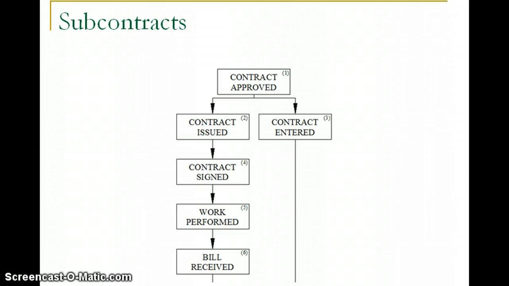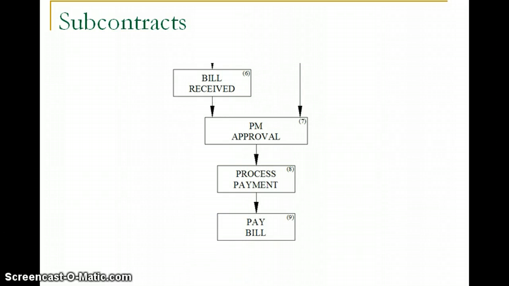In order for the contract to be effective, it will have to be signed by both contractor and subcontractor so that the work can proceed, and as the work progresses, there will be bills generated, typically on a monthly basis. Every bill needs the approval of the project manager before the payment is processed by the accounting department or the bookkeeper.